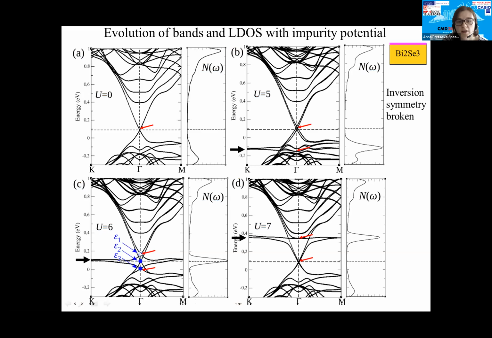As we increase the impurity potential, it moves to energies close to the Dirac node, inducing this splitting and the additional node that I already mentioned. And as the impurity potential is increased further, the resonance moves away from the Dirac point into the conduction band.